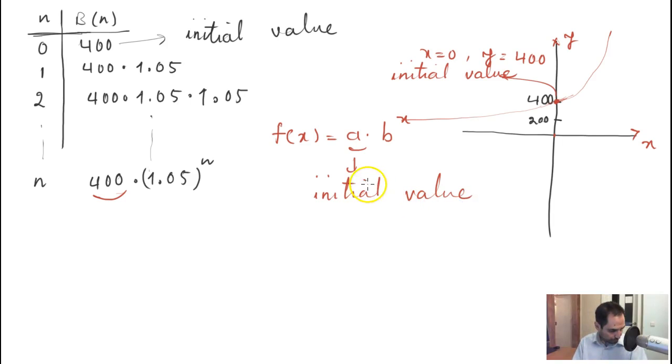And your b here is called the common ratio of the function. Of course, in the book I guess it's called something else, but this is also valid.